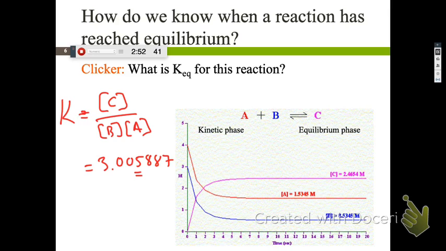In the real world, when we get a final value without units at the end, it's just a value, right? Someone measured this concentration and this concentration. We know this is 3.005887.